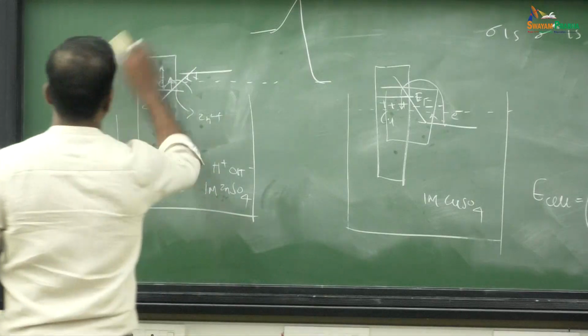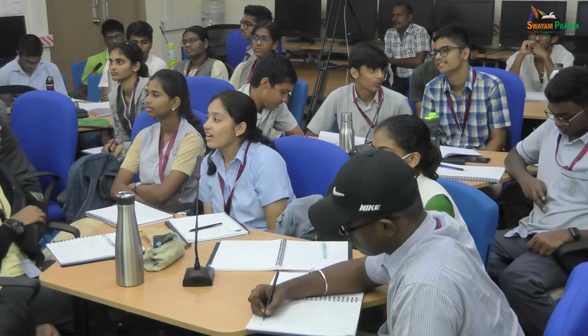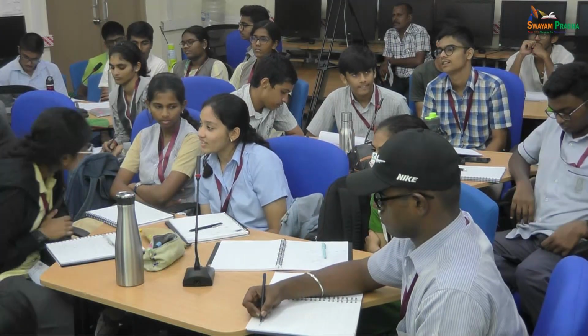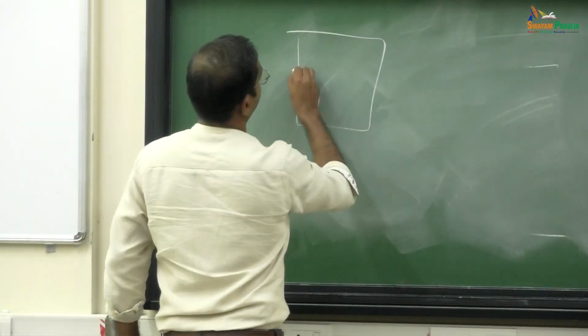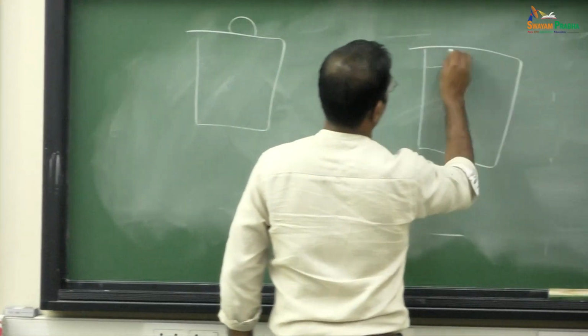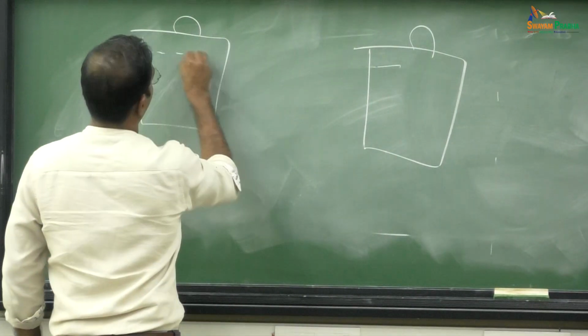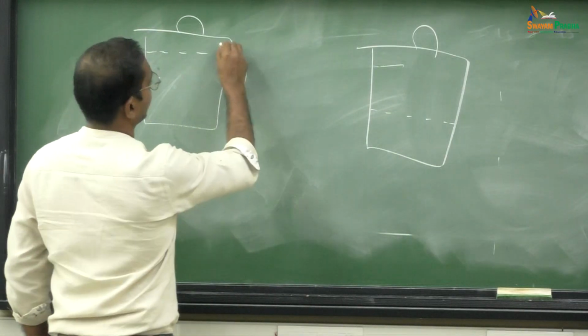Now, what we do, suppose I have two reservoirs of water. In one I have water up to here, in another I have water up to here. I somehow connect this.